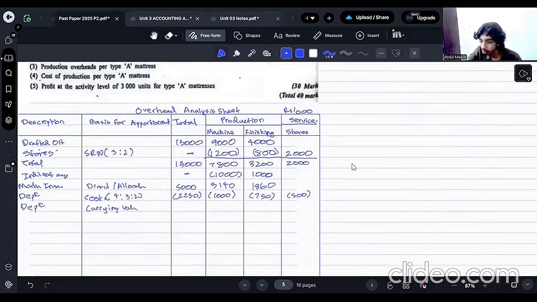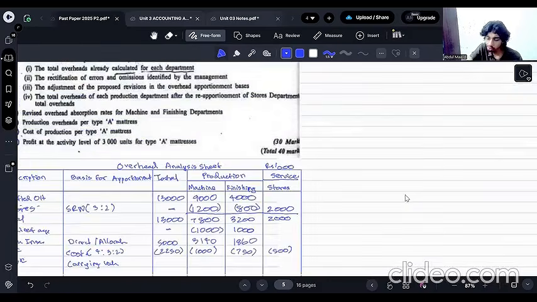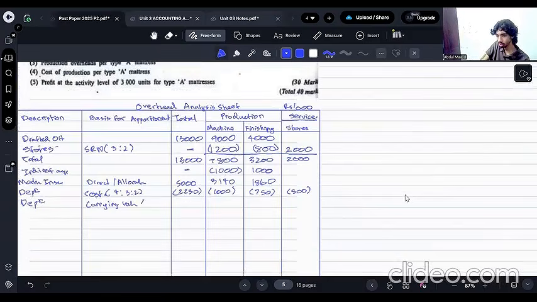For carrying value, the ratio is going to be 6 is to 2 is to 1. 2,250, again you have to record based on the proposed method. 2,250 divided by total ratio 9, into 6, 1,500, then 500, 250.